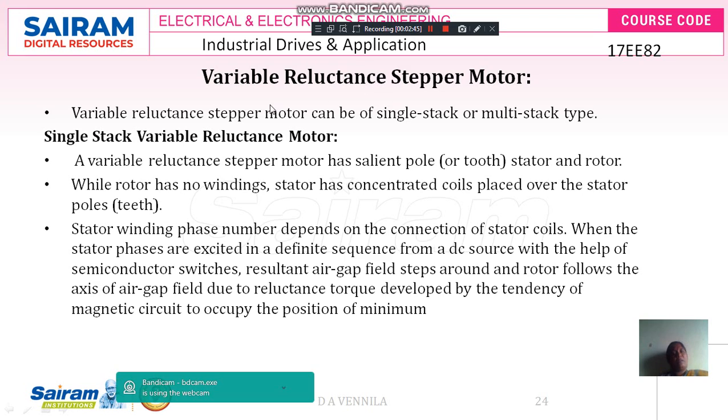Sometimes the variable reluctance stepper motor is called a VR motor. The principle is that a magnetic material in a field experiences a force to align it in a path of minimum reluctance.